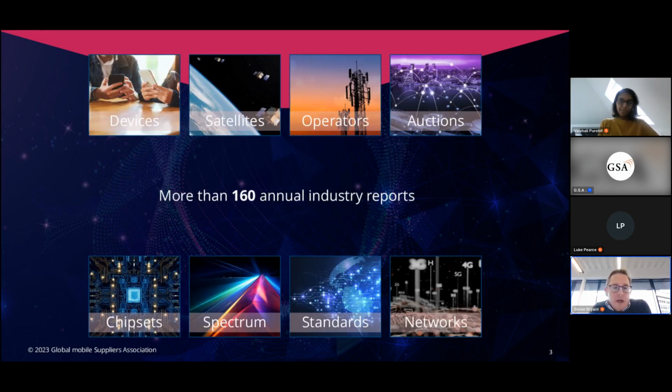Our coverage includes the areas that you can see in this chart here across devices, public network operators, private networks, spectrum, chipsets, and more. And fixed wireless access is well covered across all of these areas.